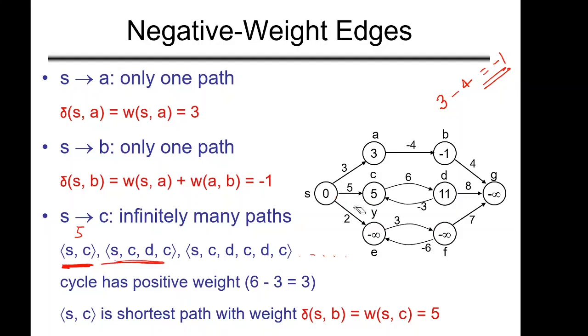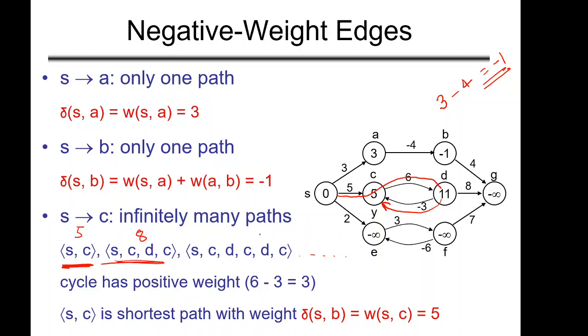Let's take one cycle and come to C. So we will do 5 plus 6 minus 3, which will actually give you 8. So the weight of this path is 8, and so on.